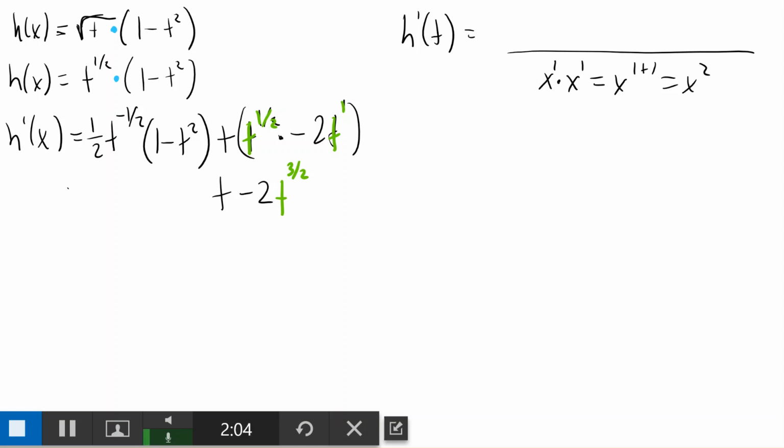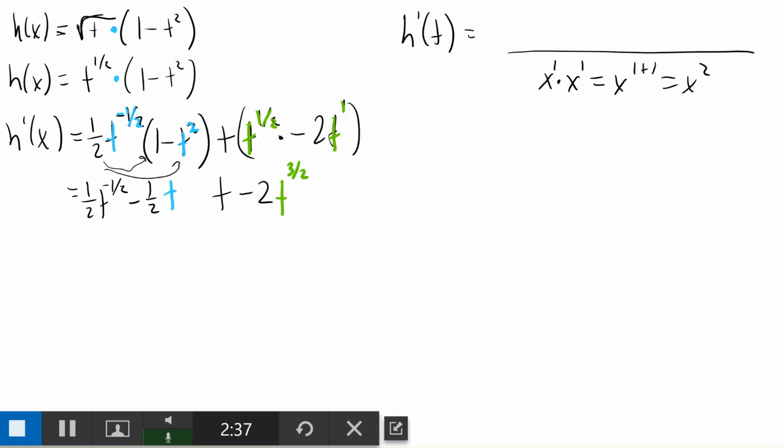Okay, over here, I'm going to go ahead and distribute this. So anything times 1 stays itself. Positive 1/2 times a negative 1 would be a negative 1/2. And then I need this exponent rule again. So t to the negative 1/2 times t squared.